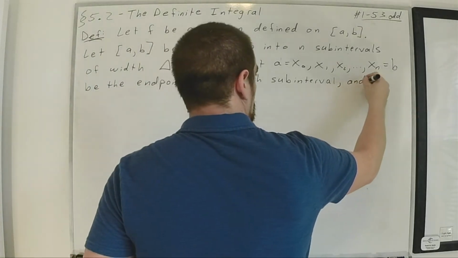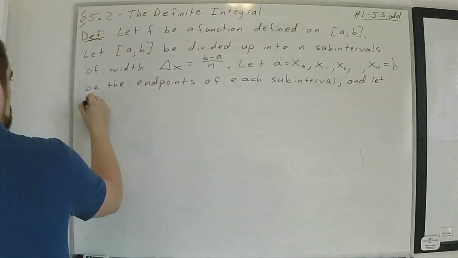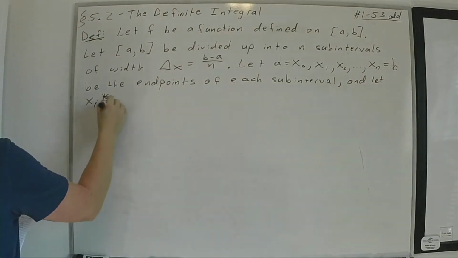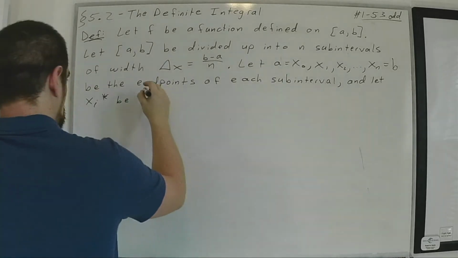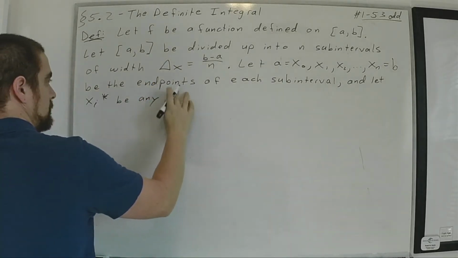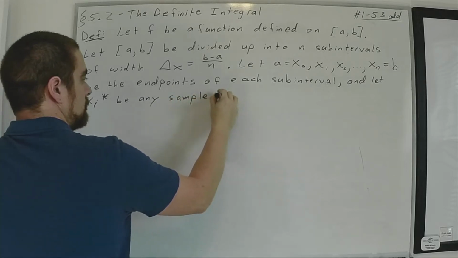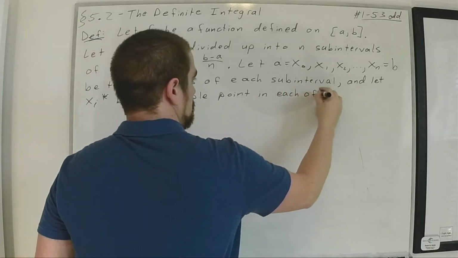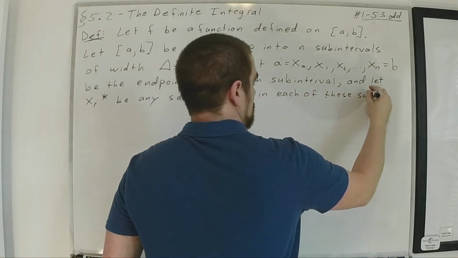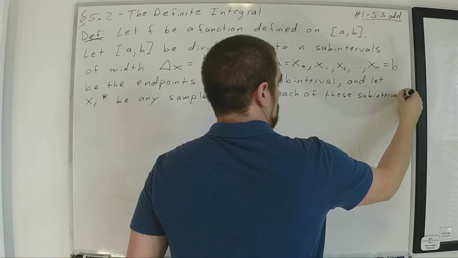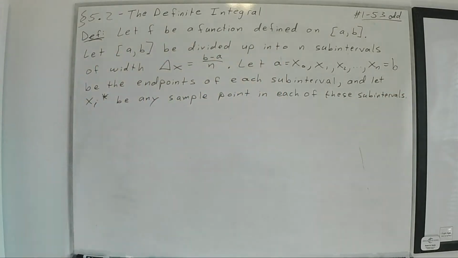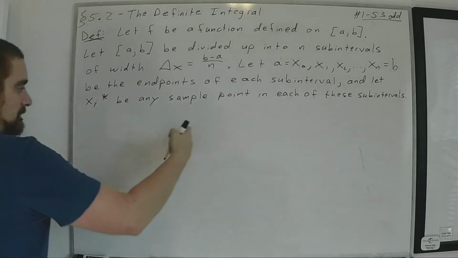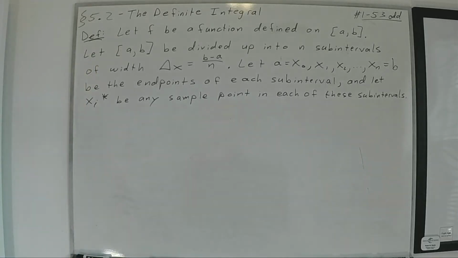And let xi star be any sample point in each of these subintervals. So we've seen that star notation in the last section. Again, that's just going to be any sort of sample point that we decide to take. Could be the left endpoint, midpoint, right endpoint. I actually have some choice there.